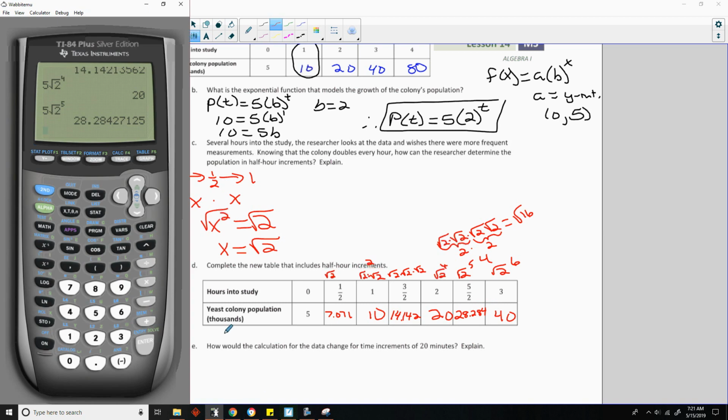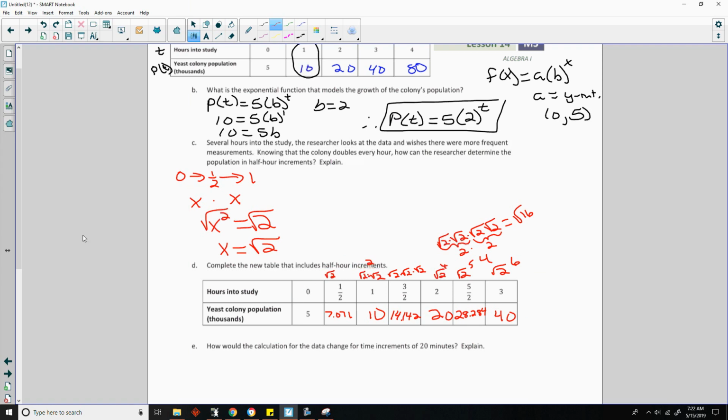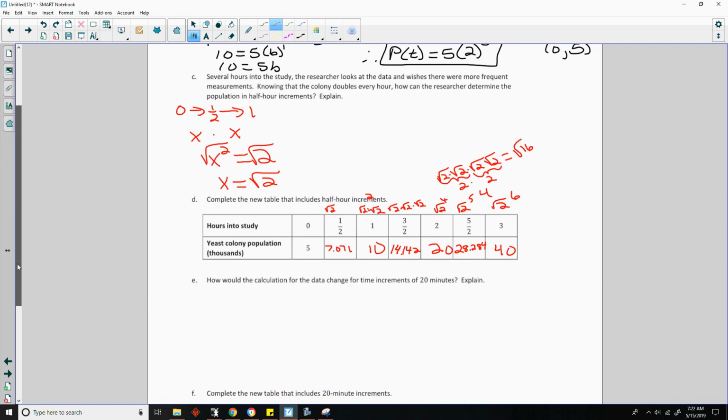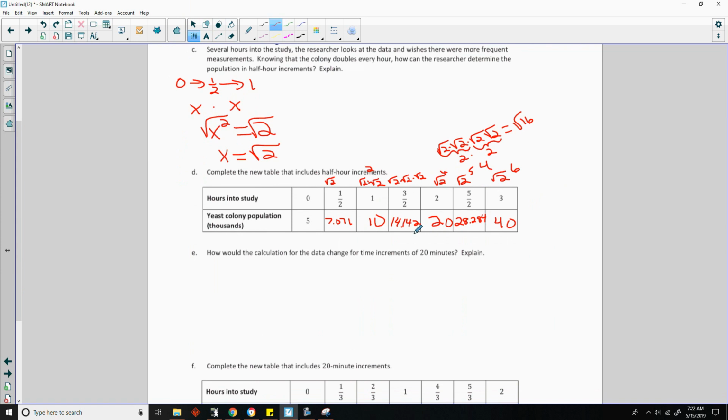Okay, and then just to verify this, I'm going to do the last one. 5 square root 2 to the power of 6. Whoops. And I get 40. Okay, so there we have it. Hopefully that wasn't too confusing, or if it was, hopefully I cleared it up.